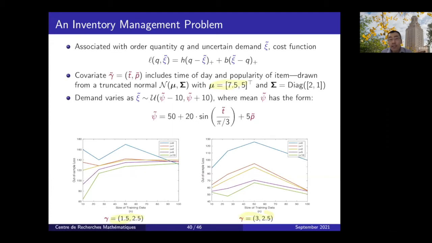The regularization scheme is quite effective, right? So here, with a larger regularization parameter, the average out-of-sample loss decreases significantly.